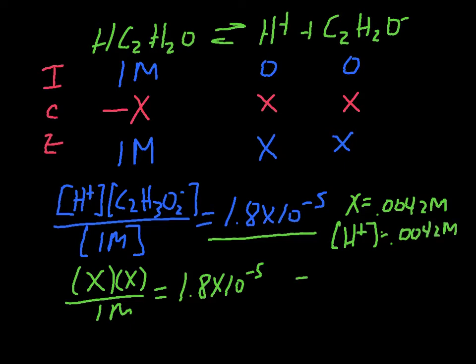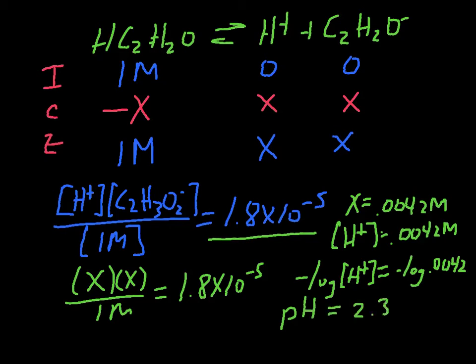And now all I do is take the negative log of the hydrogen ion concentration to find the pH. So that means it's the negative log of 0.0042. And when I do that, I'm going to end up with a pH equal to 2.37. And that seems pretty reasonable because it's a weak acid and so forth. Alright, so that's when no base has been added.